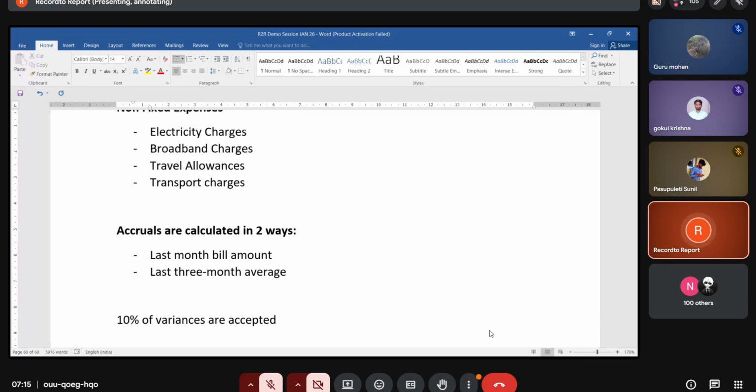If it is a fixed one, for example rent, we know the exact amount to be accrued. But for electricity, can we know the bill amount at month end? No. So for booking the current month's accruals, they will take either the last month bill amount or the last 3 months average. Understand?